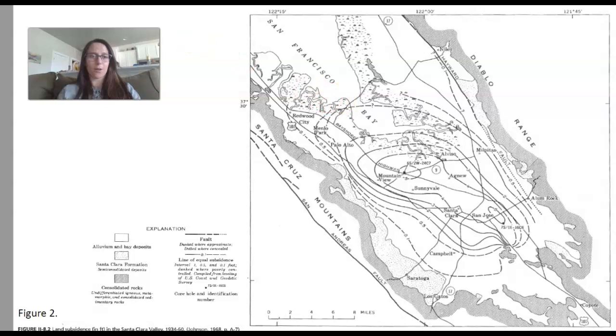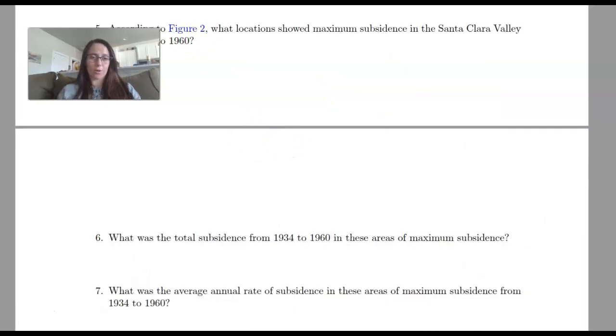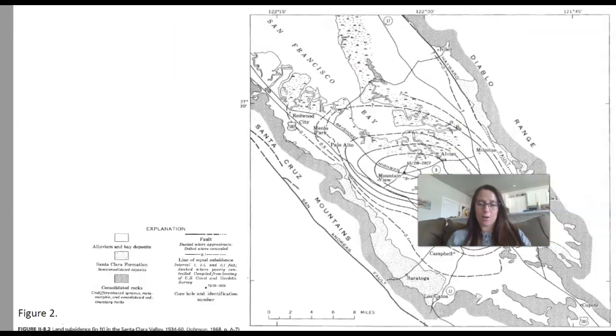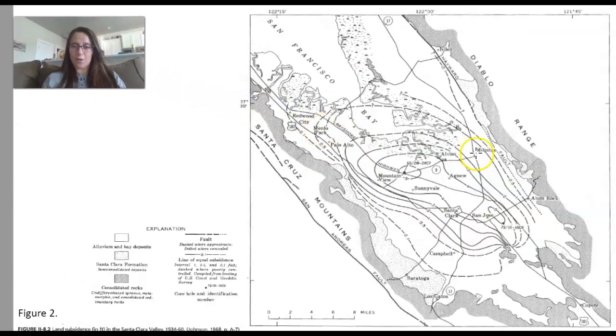So for example, in the fifth question, where they asked you, according to figure 2, what location showed maximum subsidence in the Santa Clara Valley, you would say, okay, if my subsidence is 0.5 right here, 1, 2, 3, 4, and then 5, which is the highest number that I see in these locations, then you would say the maximum subsidence appears to be between Mountain View and Alviso, as well as near San Jose, a little bit east of San Jose, or something along those lines.